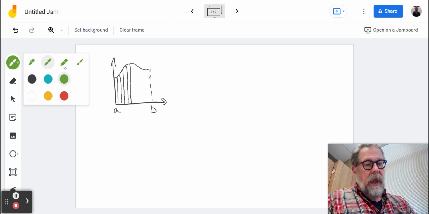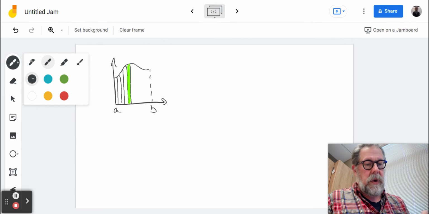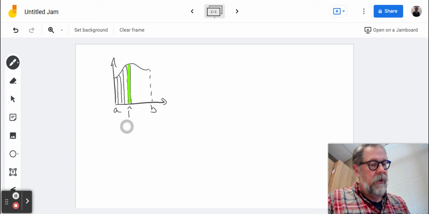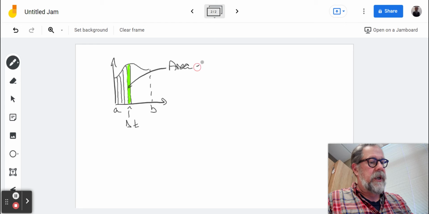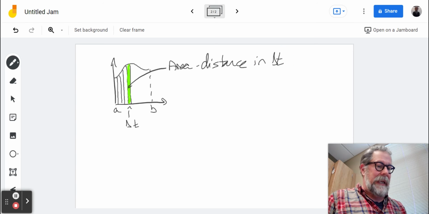Now, if we recognize that this rectangle here is the distance traveled during this time interval, so we have a time interval, and this area represents the distance traveled in this time interval, well, we could then say, what if we just added up all the little rectangles?